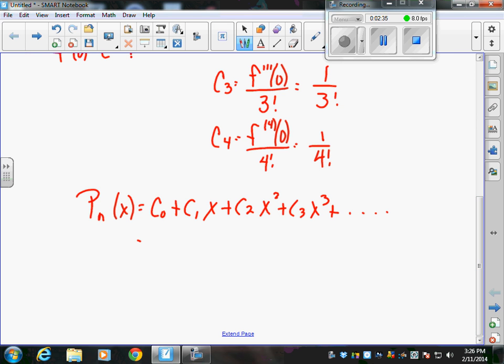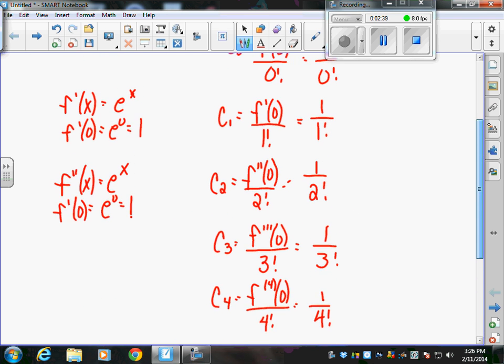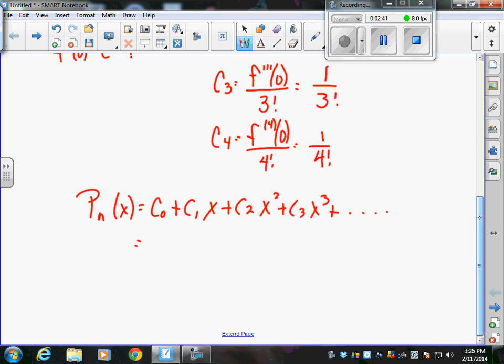So we said c0 was 1 over 0 factorial. c1 was 1 over 1 factorial, that would be x. c2 was 1 over 2 factorial, x squared. c3 was 1 over 3 factorial, x cubed, and so on.